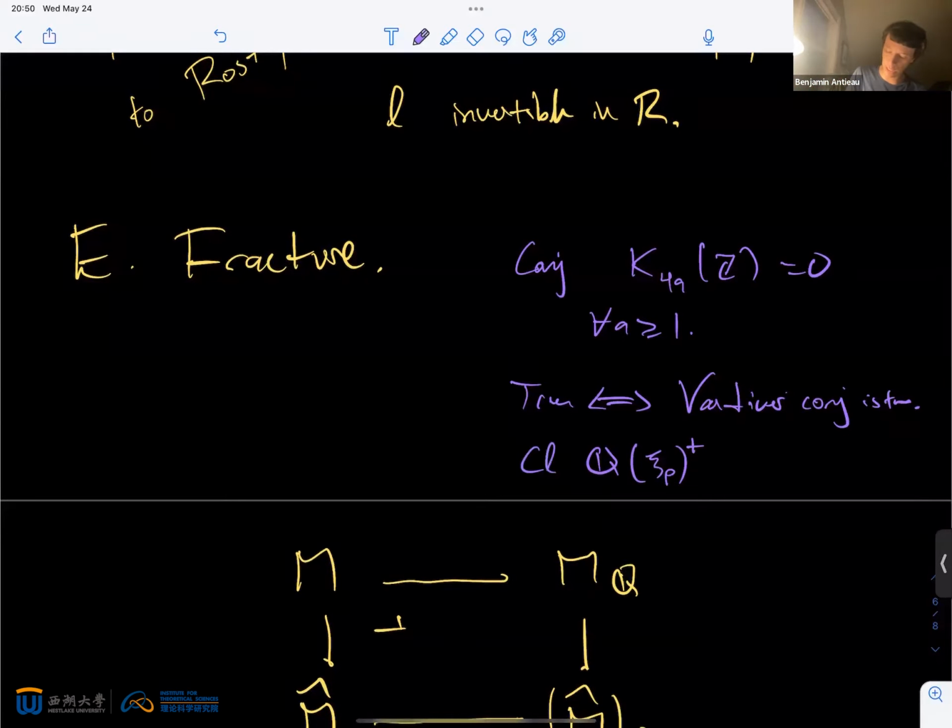And you take the class group of this field, and then you take the number of elements in the class group, and the conjecture says that p does not divide this, for all p. So you look at all prime numbers p, you look at this maximal real subfield of the p-th cyclotomic extension, take a look at the class group of that, and the guess is that p does not divide the order of that.